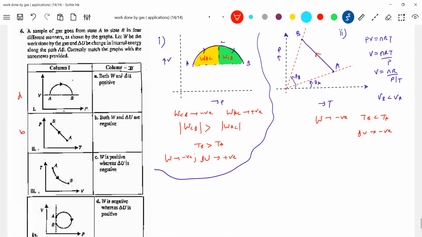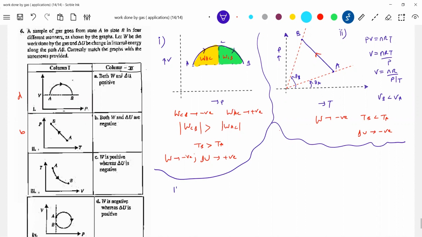See, these are the types of questions you can expect. Next again, TV graph. Getting this one? So we have to put in effort. Students will try to search for a formula, no, you have to really think. Volume is increasing, so work done is positive.